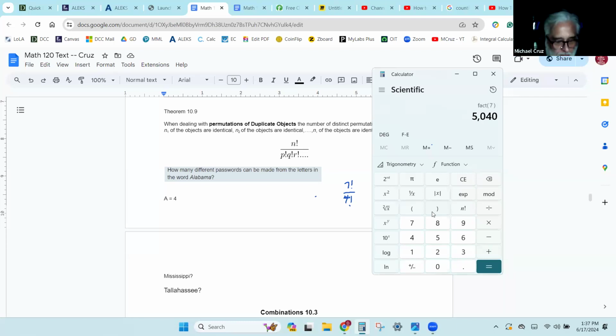So that's what you're doing when you divide that by 4. The 4 are the ones that repeat, and they're indistinguishable from one another. Okay. So that's why we divide them out, because it doesn't matter which A comes first if you've got them rearranged.